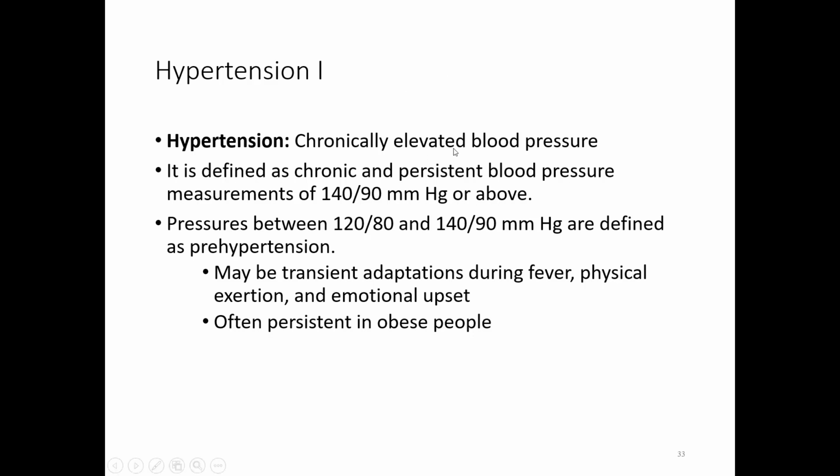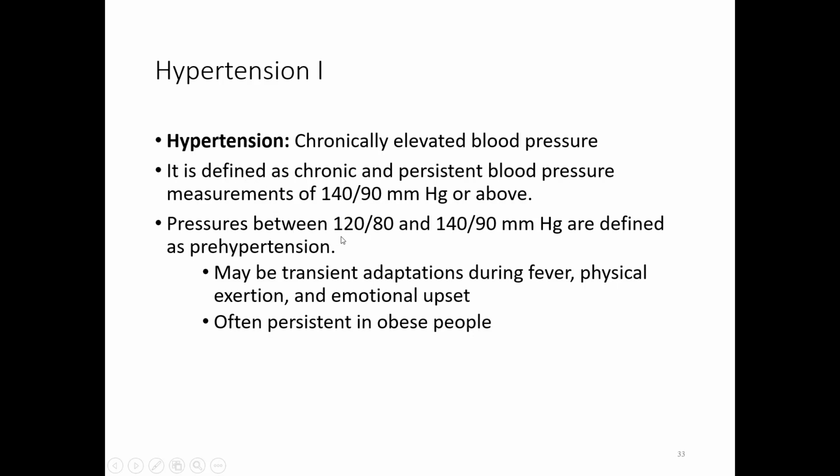Hypertension is a condition when blood pressure is chronically elevated. It means when you measure blood pressure several times within a certain period of time, days, and it is persistently higher than 140 to 90, it's called hypertension.